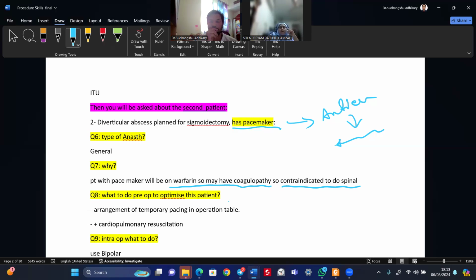Okay. But no one does sigmoidectomy under spinal. People can do sigmoidectomy under high spinal, yes, and under sedation. Some sedation will also be there.